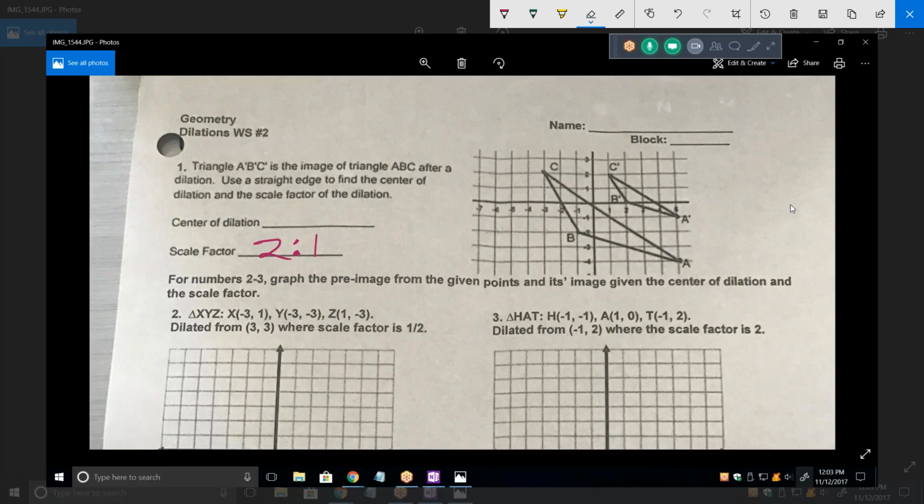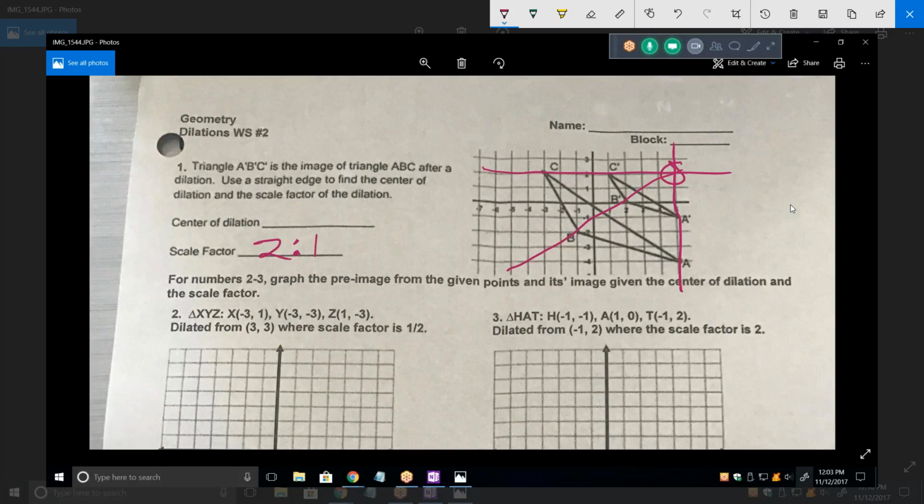When they say use a straight edge, well, that's got to mean you connect all the vertices. There's B, there's C, there's A. What do you think the center of dilation might be? 5, 2.